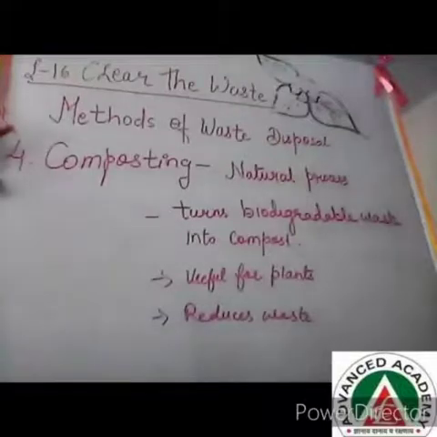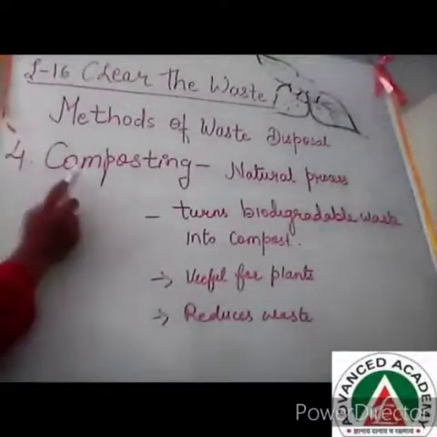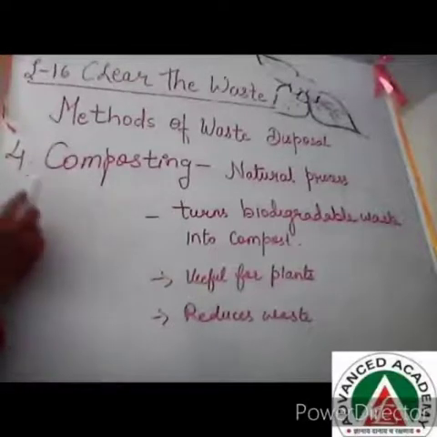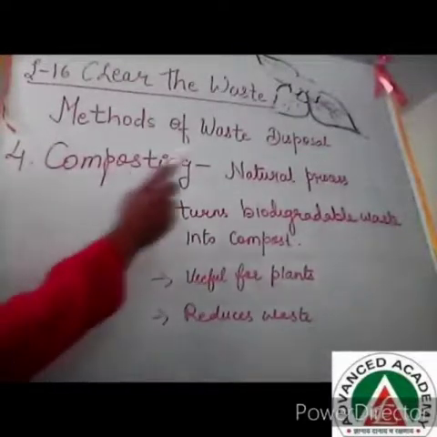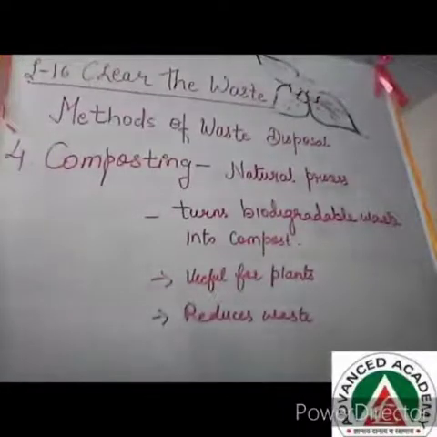Now our last method is composting. As you all know, I have already explained that there are two types of waste. One is biodegradable waste, another one is non-biodegradable waste. When we talk about composting, which type of waste are we using? We are using biodegradable waste. Now this is a natural process.